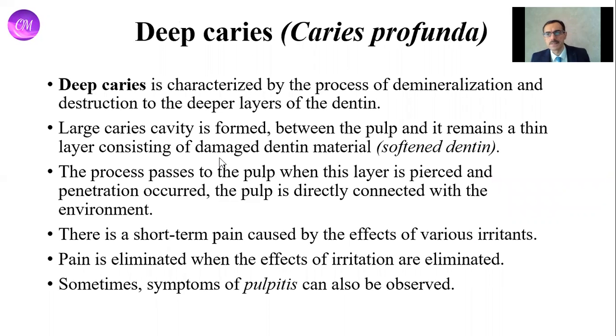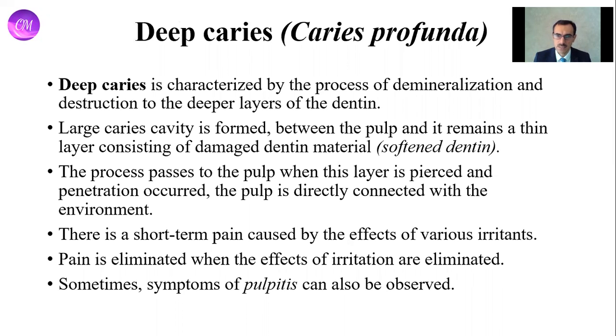But deep caries is characterized by the process of demineralization and destruction extending to the deeper layers of the dentin. A large caries cavity forms here near the pulp, and there remains a thin layer consisting of damaged dentin material that we call the softened dentin. The process passes to the pulp.